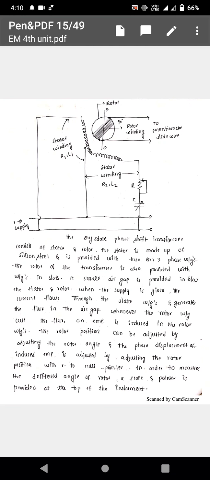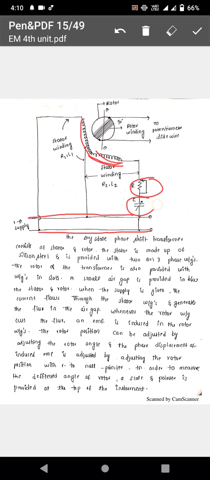This is the Drysdale phase shifting transformer. It seems to be like a motor, but with two phase windings and a single phase supply. There are stator winding 1 and stator winding 2, which are inductive, and a resistance and capacitance are connected. After that there is a rotor, which also has windings, and it gives the phase angle of the unknown voltage.